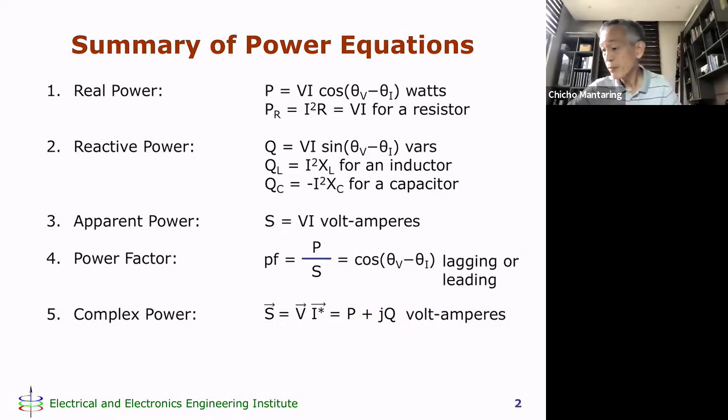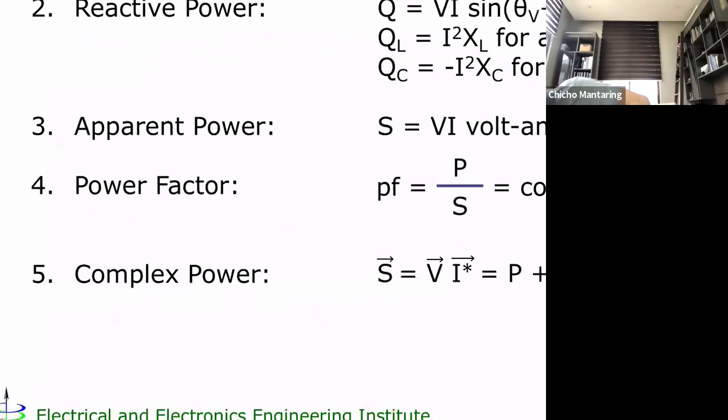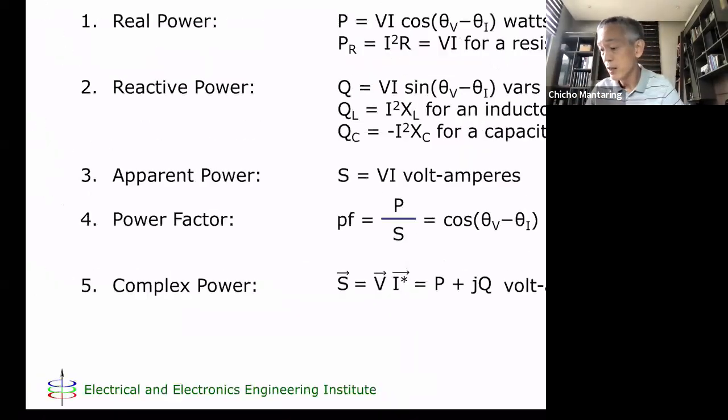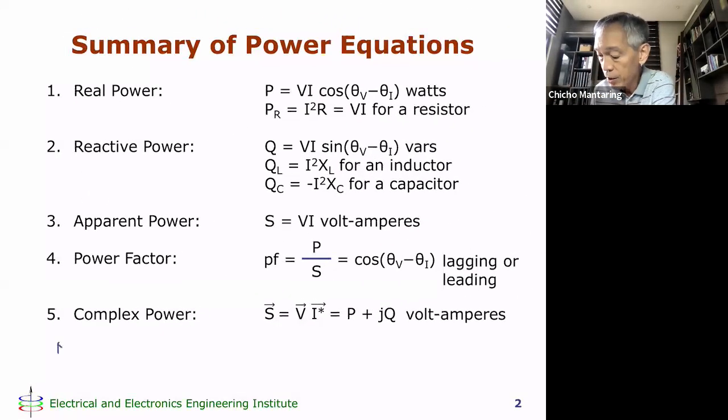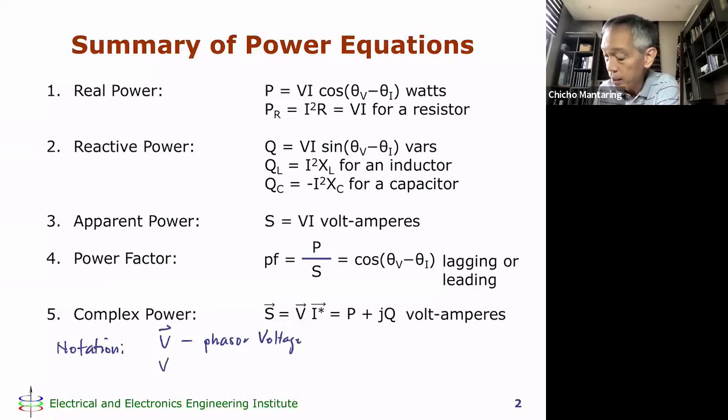Okay, just in terms of notation. Of course, you know this. This is the phasor V. When I write something like this, it implies that this is the RMS value, the RMS voltage.